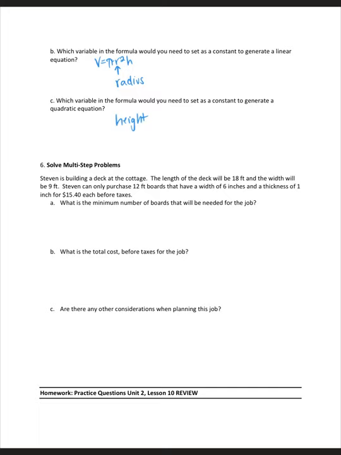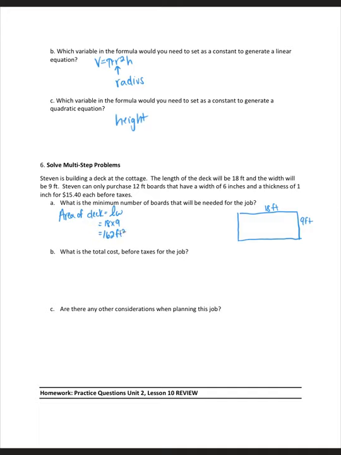So let's first draw what this deck is going to look like. It says the deck is going to be 18 feet by 9 feet. Let's first figure out the area of the deck. It's going to be our length times our width, which in this case is 18 times 9, which is 162 square feet.